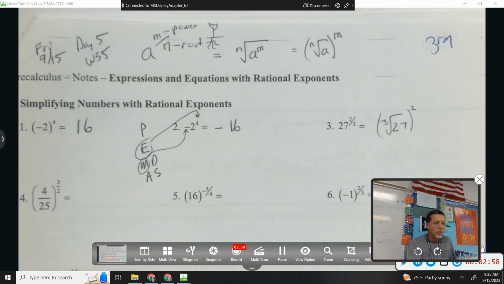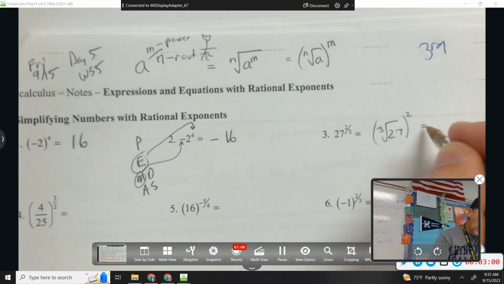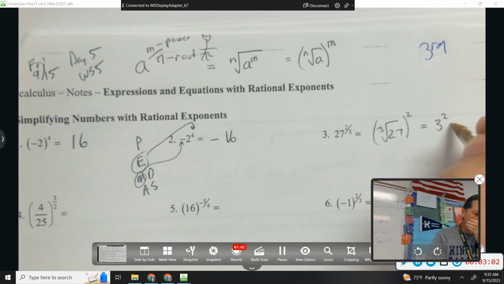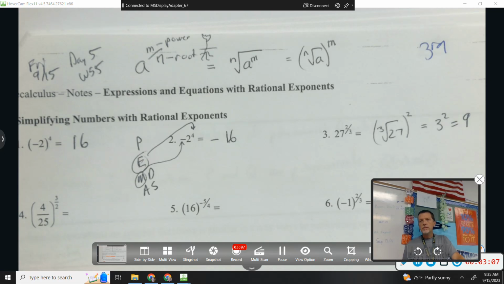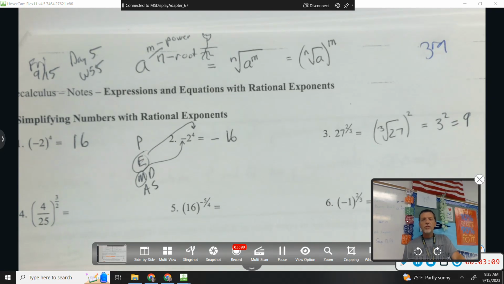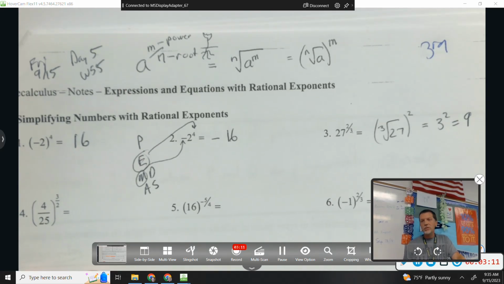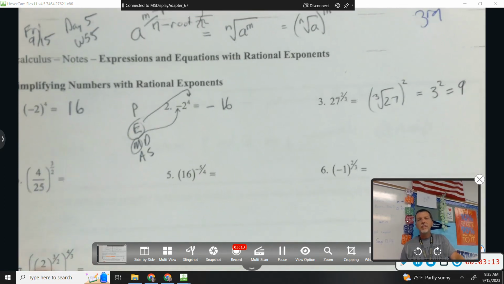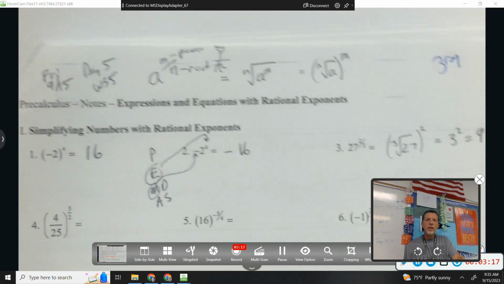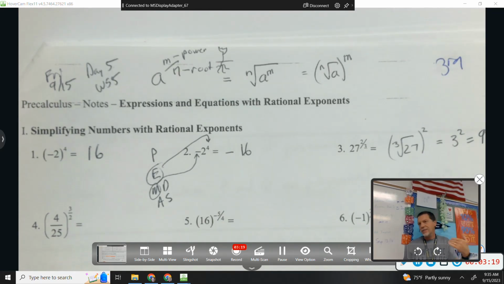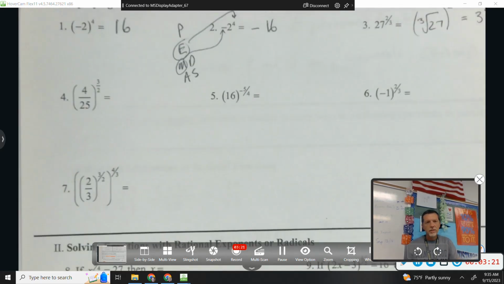But I do know what the cube root of 27 is. That's 3, and 3 squared is 9. If you'd rather square 27 and then get the cube root of whatever that awful number is, the answer would still be 9. That would just be the long way around. So we usually like to do the root first because it gets us a smaller, easier number.